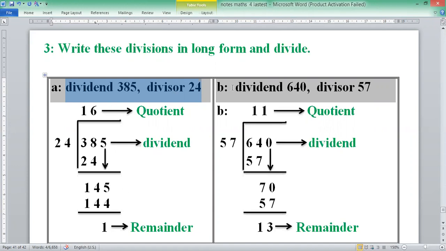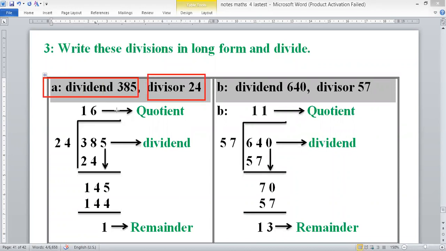In part 1, dividend is 385 and divisor is 24. Always write the dividend inside and divisor outside, and after that you will apply the same procedure.